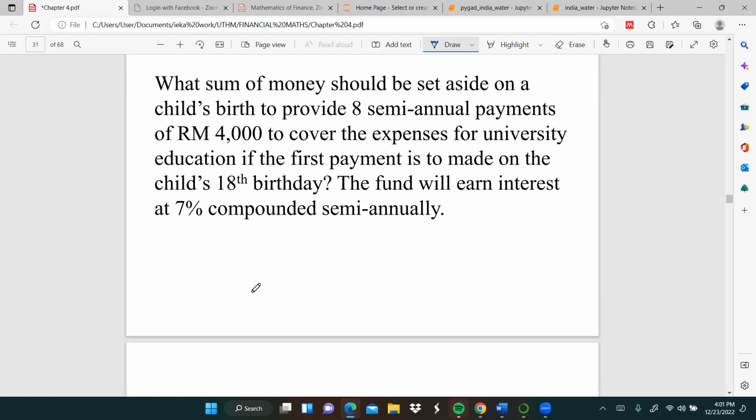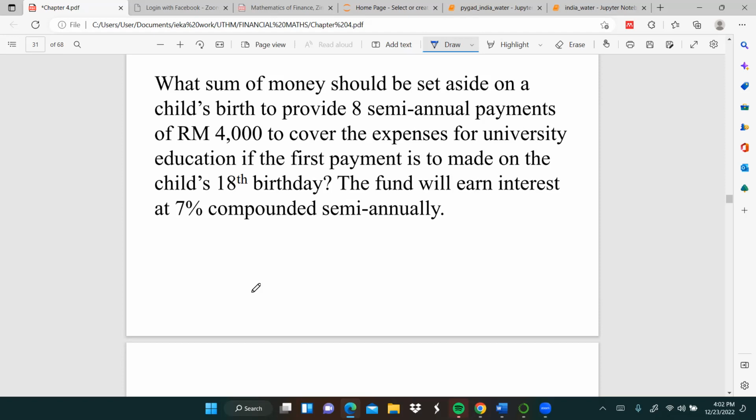Okay, kita nak cari A. Dan dia punya R adalah 4,000. Semi-annual payments, maksudnya setiap tahun adalah 2 kali lah payment tu, 4,000, 4,000.